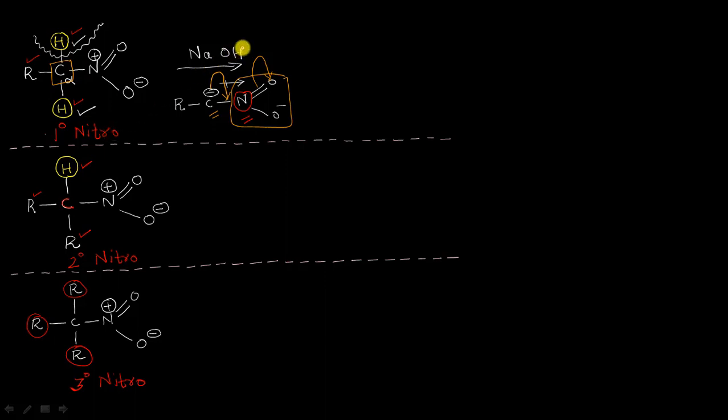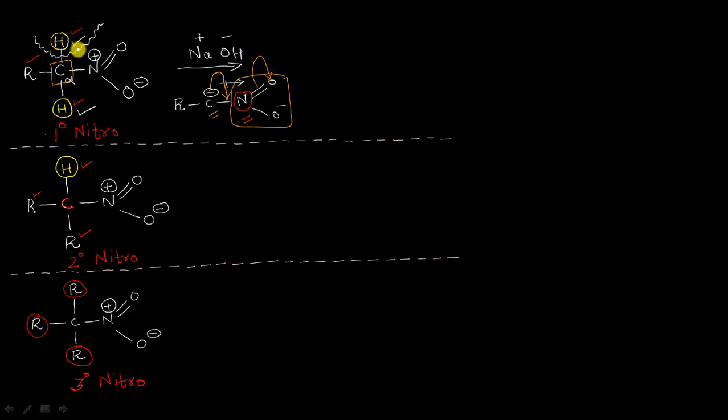After the addition of a base, that is NaOH, we know it will dissociate in this form. It will give sodium ions as well as hydroxide ions.